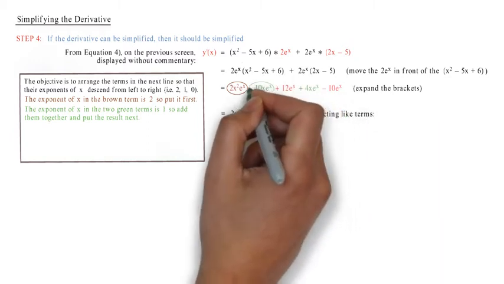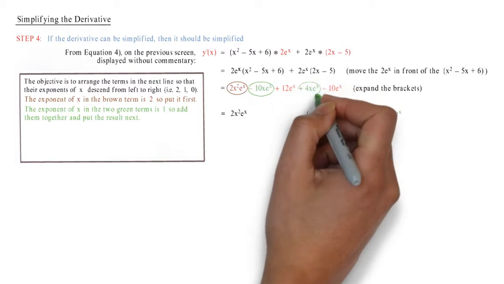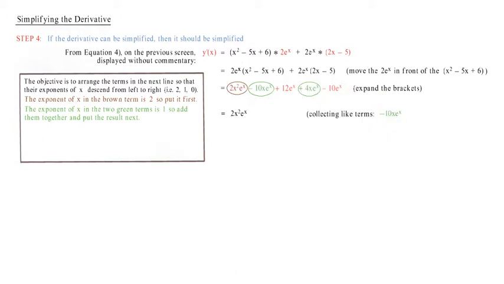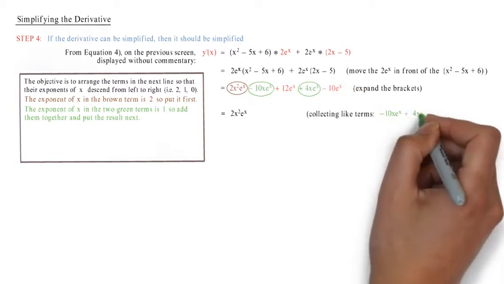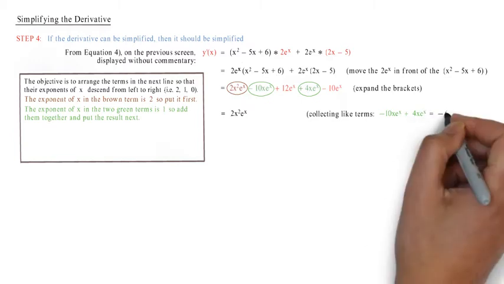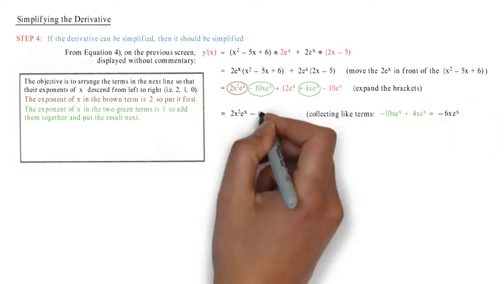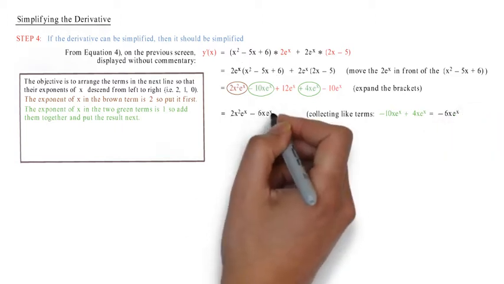Minus 10x e to the x minus 10x e to the x plus 4x e to the x plus 4x e to the x equals minus 6x e to the x minus 6x e to the x.